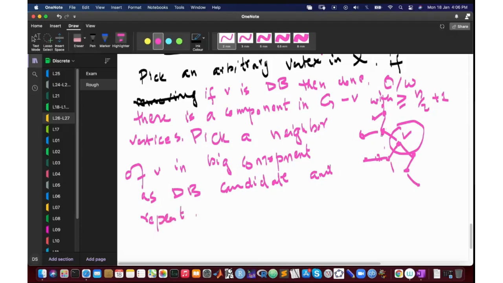So if this is the big component, then we say that the neighbor of V in this component will be used as the next DB candidate.